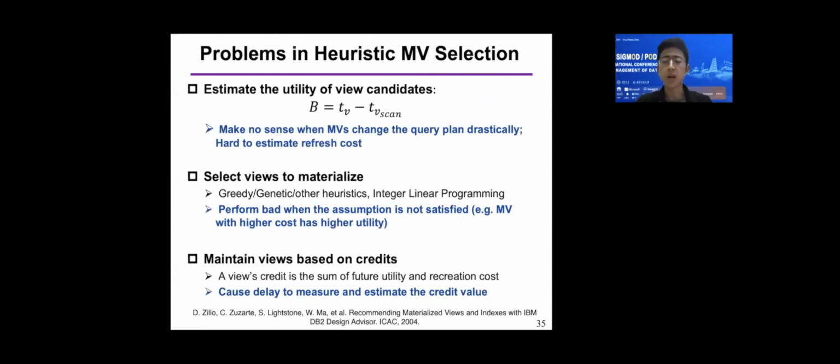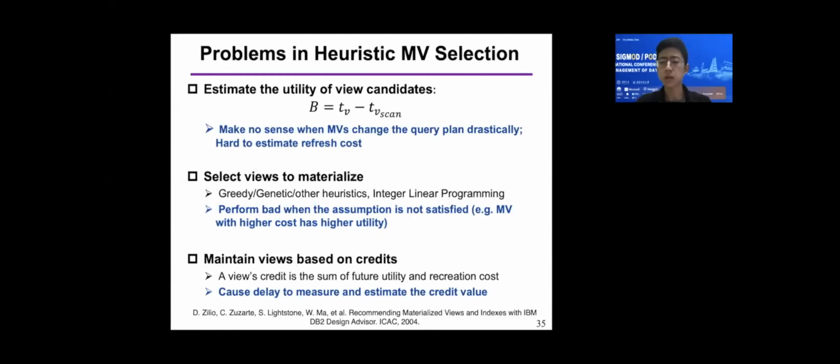MV selection is an NP-hard problem, and there are many problems in heuristics. First, traditional MV estimation is based on empirical equations, but it makes no sense when MVs change the query plan drastically, because it's hard to estimate the future refresh cost. Second, heuristic methods take MV selection as an IRP problem and use greedy or heuristic rules to solve it.